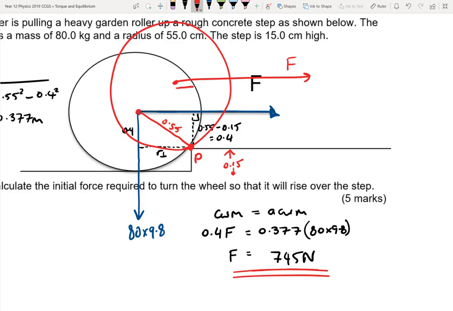We're reducing the perpendicular distance of the weight force to the pivot. So as you're pulling the drum up, its center of mass is coming towards the pivot horizontally. So we're reducing the perpendicular distance. But also, look at my dashed line now to the force. We're increasing the perpendicular distance to the force.